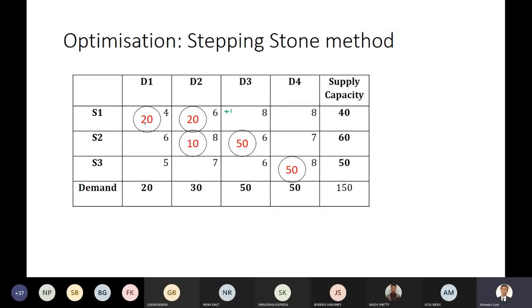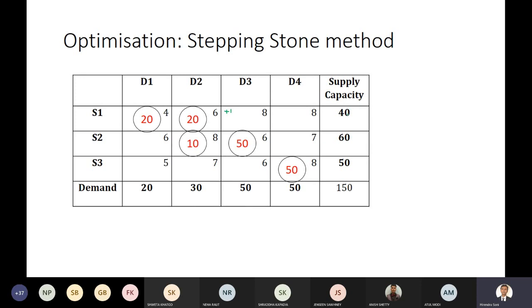Correct? Yes or no? If I assume an allocation of 1 unit in this particular cell, S1D3, then since the supply capacity is fixed at 40 and the demand is also fixed at 50, both the values will change.